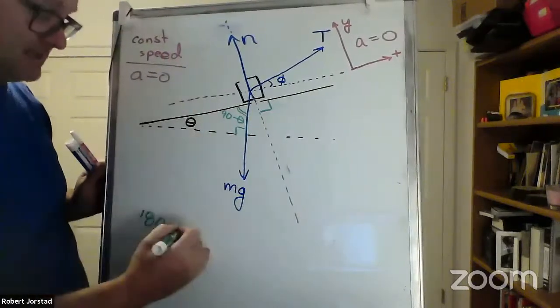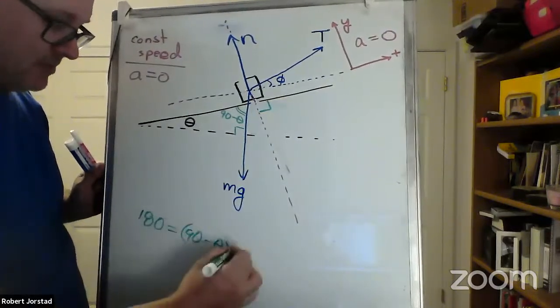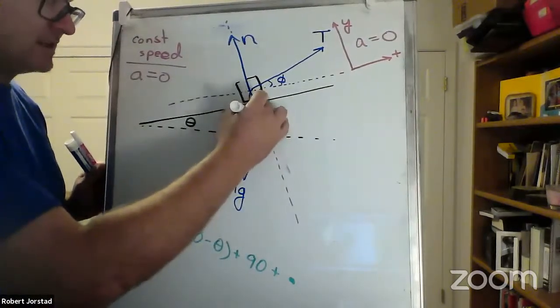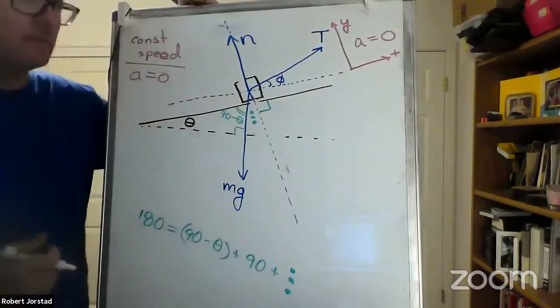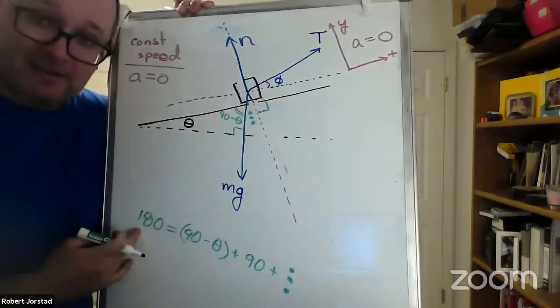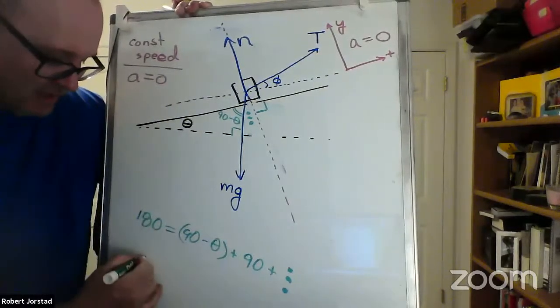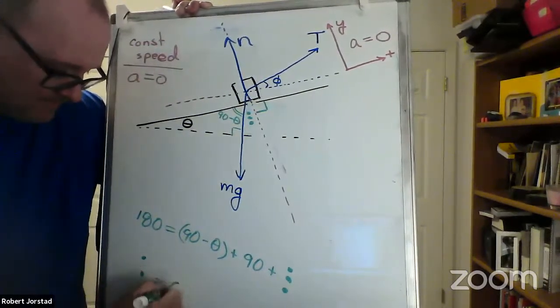So let's do the math. 180 should equal 90 minus theta plus 90 plus the green dot. Let's call this green triple dot, just so it's different than the other ones in the video. So this green triple dot plus this angle plus that one should add up to 180, right? So in this case, notice 90 plus 90 is 180. You actually get theta.